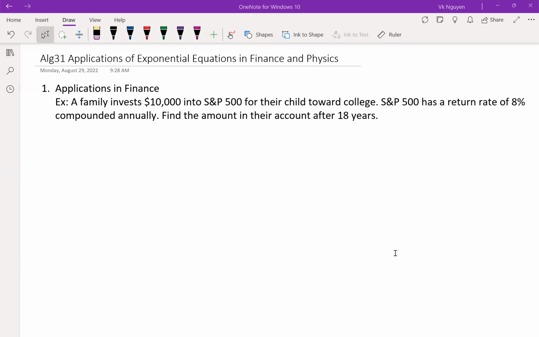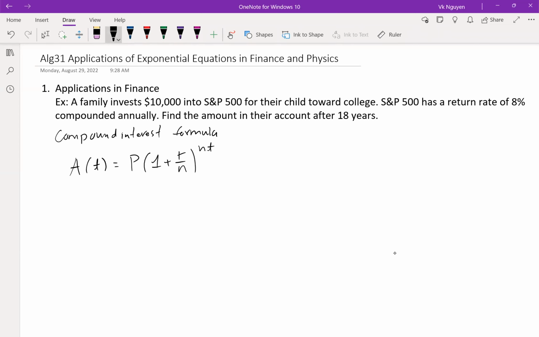To do this one, we're gonna use the compound interest formula. A of T equals P times 1 plus r over n to the power nt.